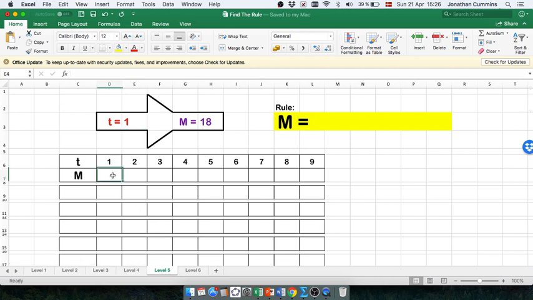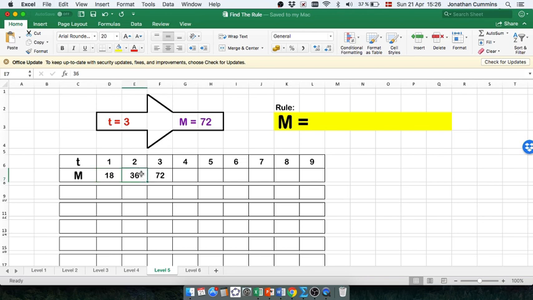When t equals 1, m equals 18. When t equals 2, m equals 36. When t equals 3, m equals 72. And I'm noticing here that they're doubling every time. So this one here is 18.